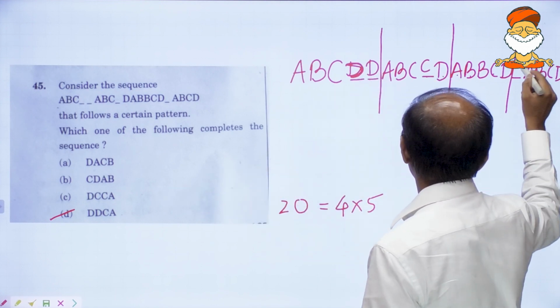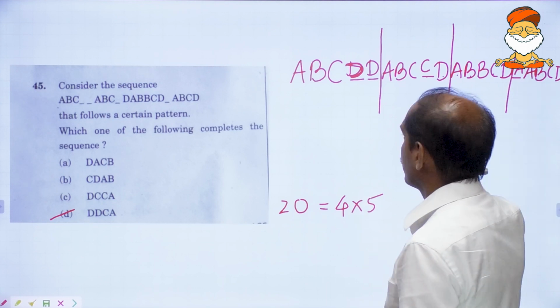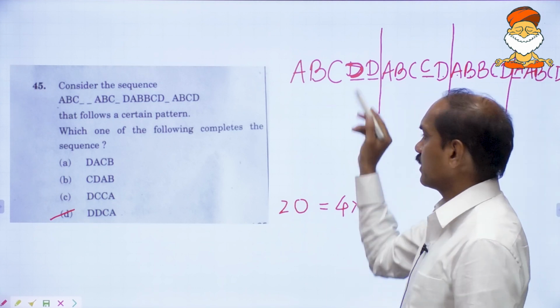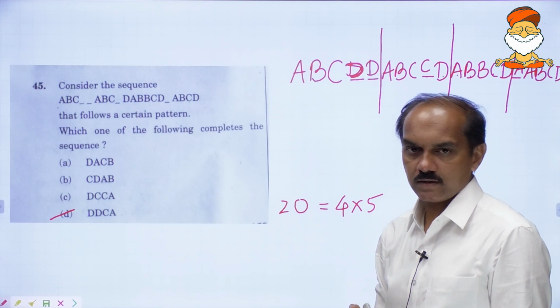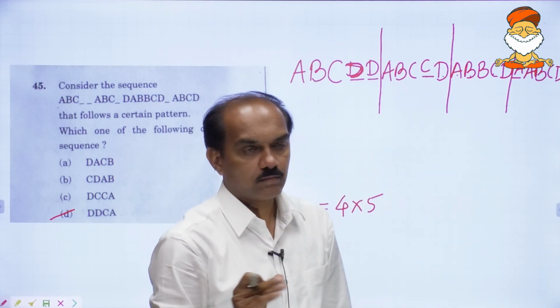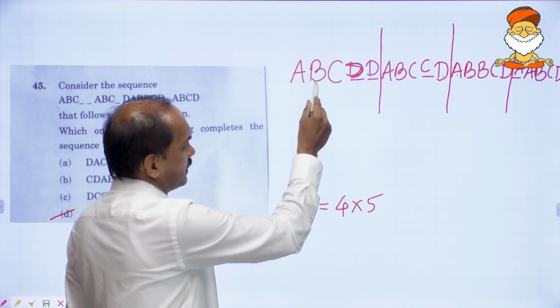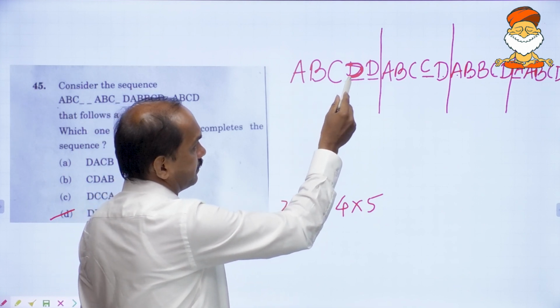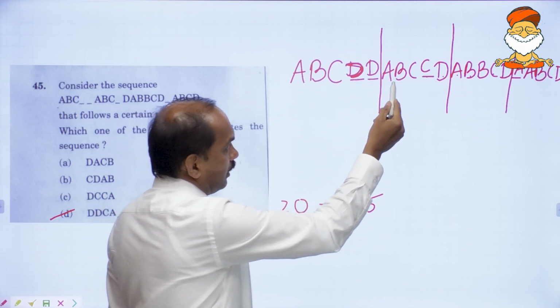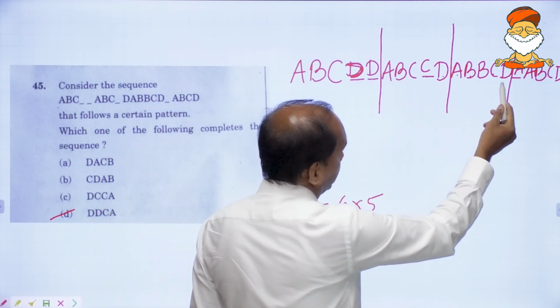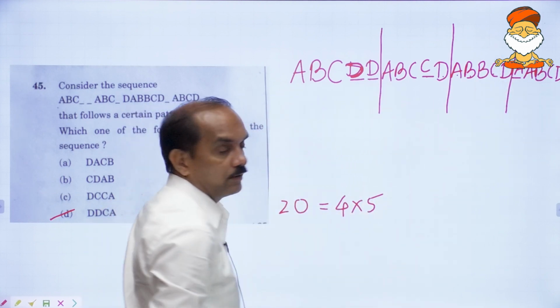Here is C, here is A. If you check in the very first set, A is there, B is there, C is there, D is there, ABCD is there. Here also ABCD, here also ABCD, there also ABCD.